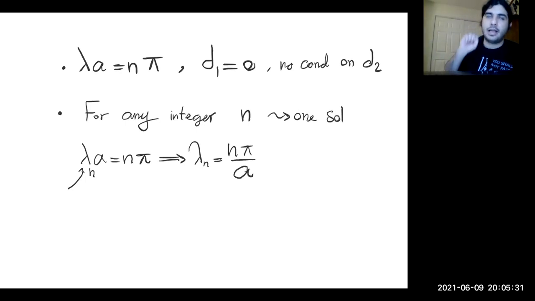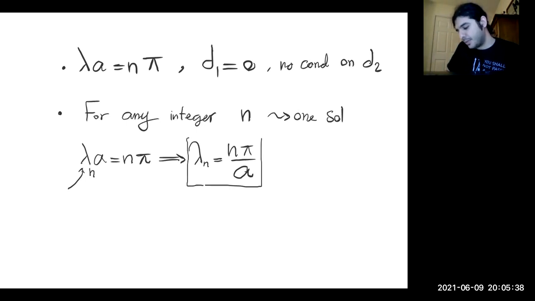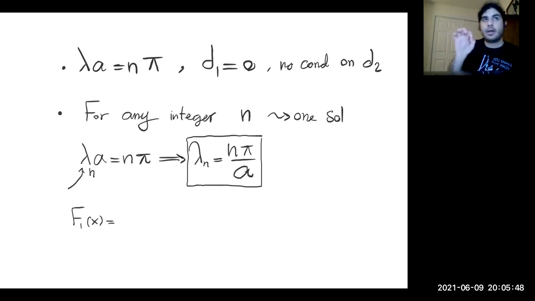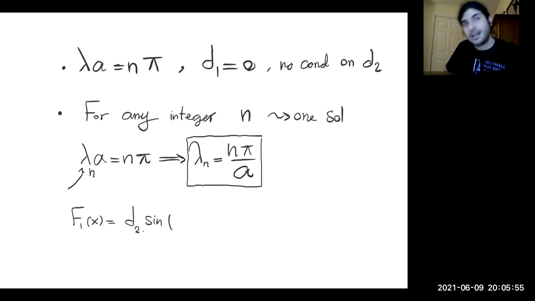A was also the length of our rod. Okay, so for any n, if we let lambda n be n pi over a, we would actually get a solution. Because then f1 of x, which was D1 cosine plus D2 sine, well, D1 was 0, so it's just D2 sine of lambda x, which becomes D2 sine of n pi over a x for any D2.